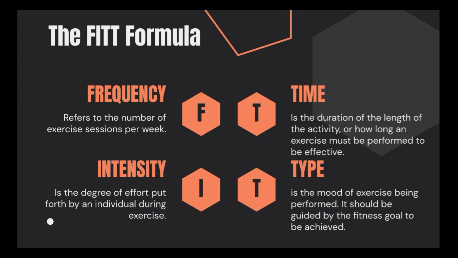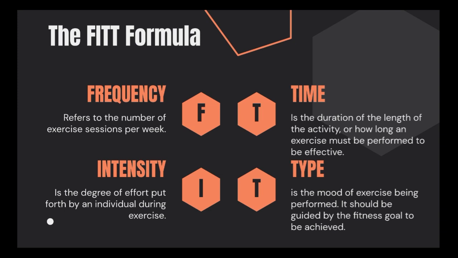And then second, your intensity. How hard your exercise is, or the degree of effort you put forth during the exercise. Third, we have the time. How long are you going to perform these physical exercises? It is the duration of the length of the activity, or how long an exercise must be performed to be effective.